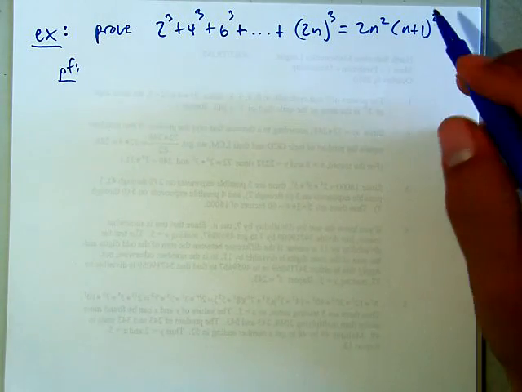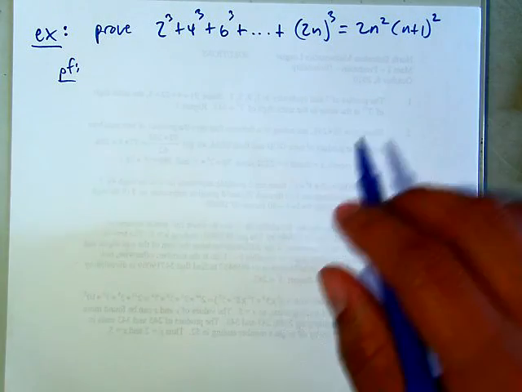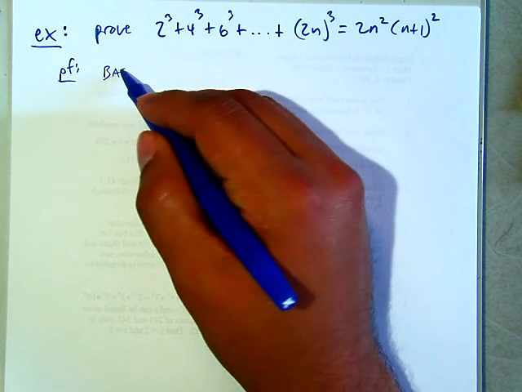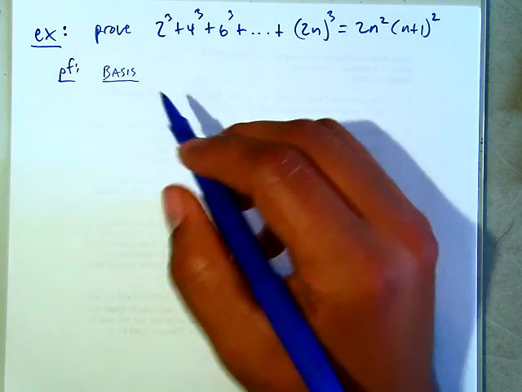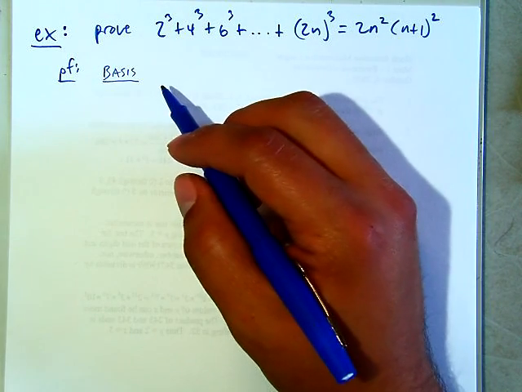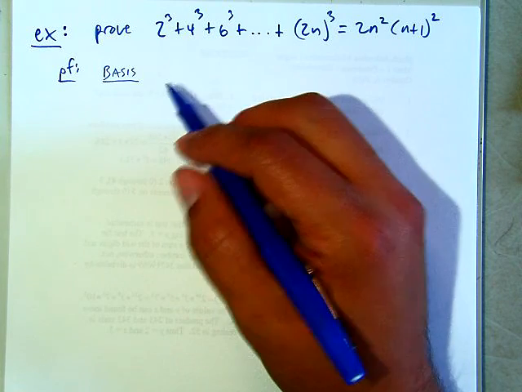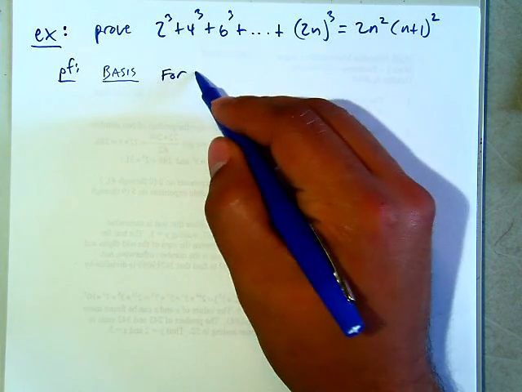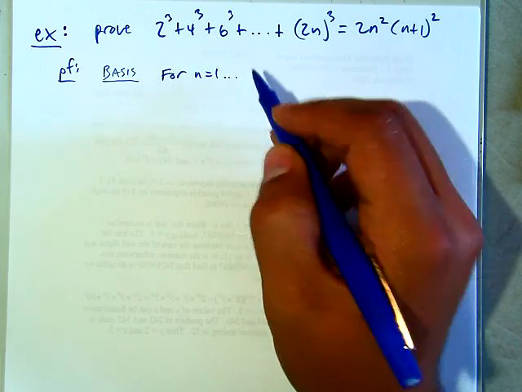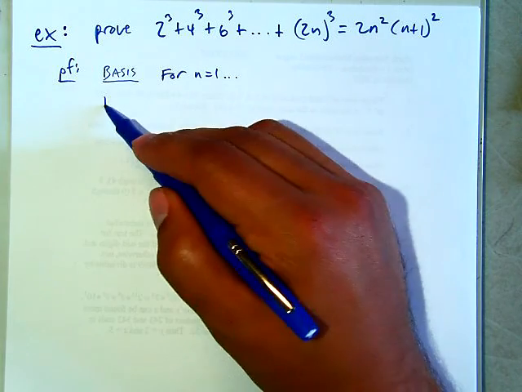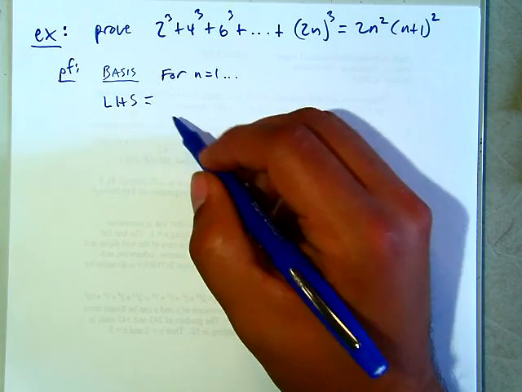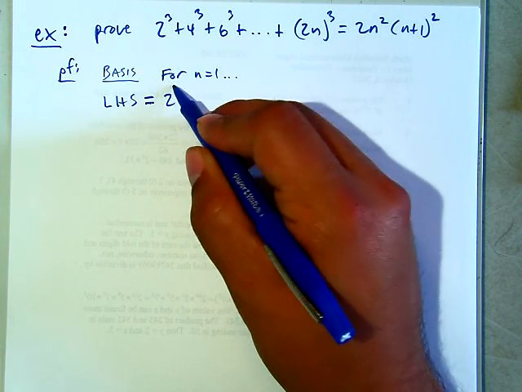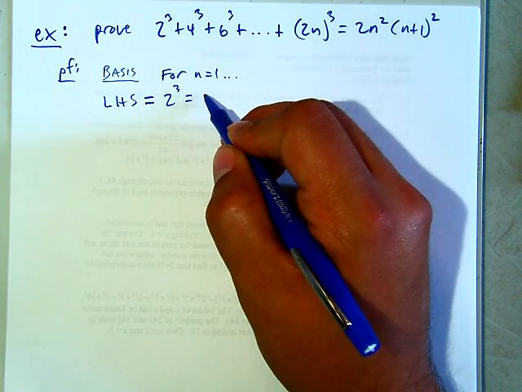All right, so to prove it, what's the first step? In that basis step, all we're doing is proving that the first case works, right? So for n equals 1, the left-hand side would be what? 2 cubed, which is 8.